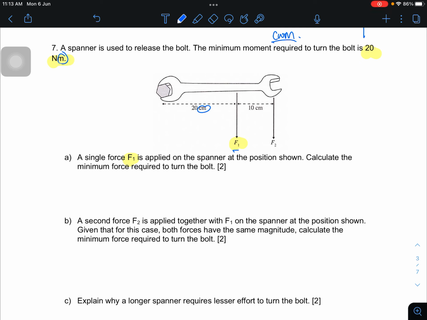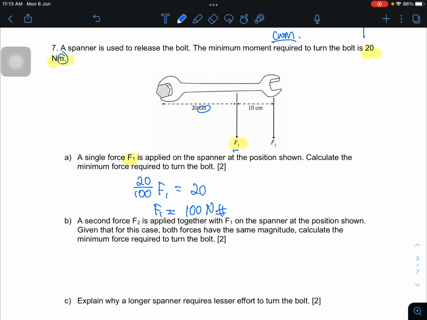So F1 times 20 over 100 must equal 20. The two values multiply to give you at least 20. So F1 will be equal to 100 Newton. In order to turn the bolt, I need to apply a force of 100 Newton.